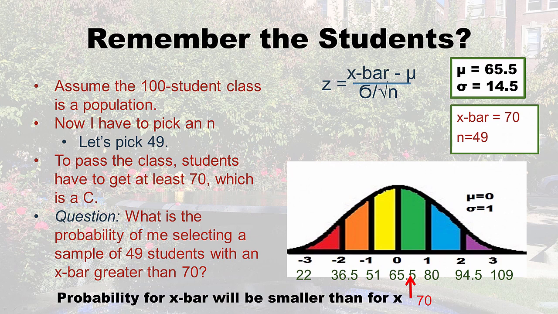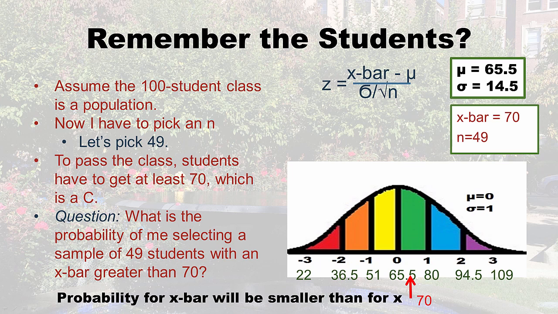So, and then I thought what I would do is walk you through two examples. You're already kind of good at this because this is not too different from 7.2 and 7.3, but I just want to walk you through it because it is a little different when you have a sample versus just one x, okay? So remember our poor chemistry class that I was in where I got a 73?